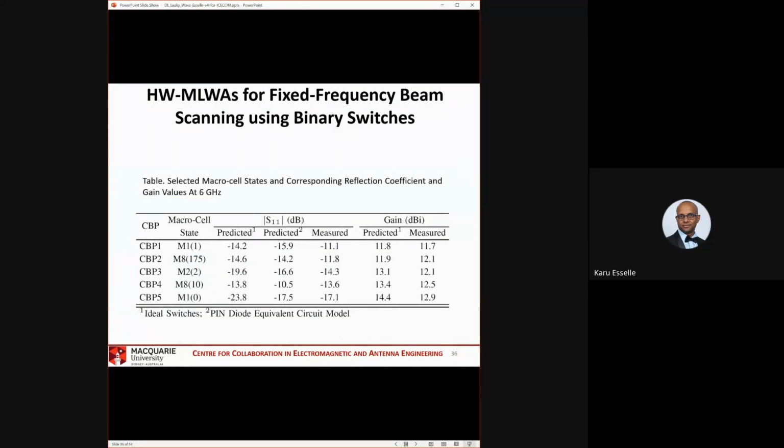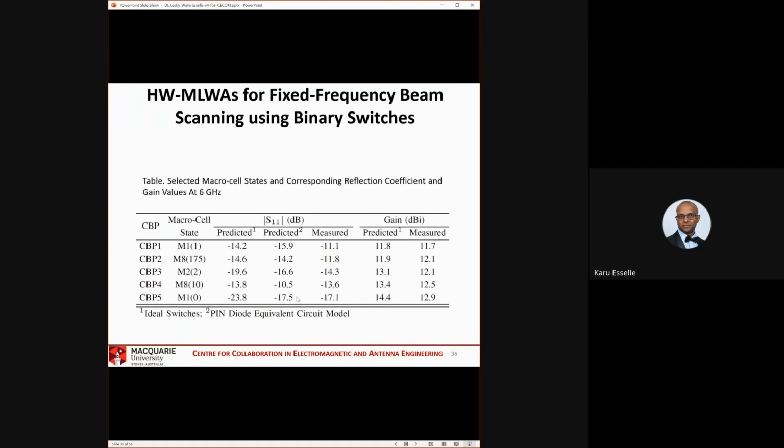Summary of these results for different macro cell states, or complete binary patterns. I have shown you before the measured return loss of the antenna. We did not attach actual switches. We implemented ideal switches by directly connecting with a copper connection.